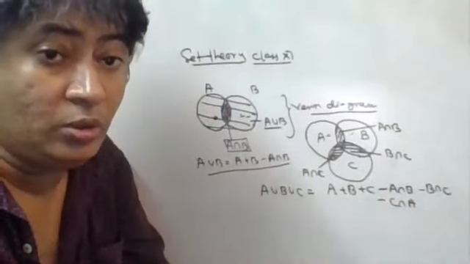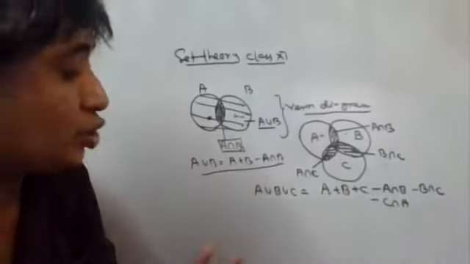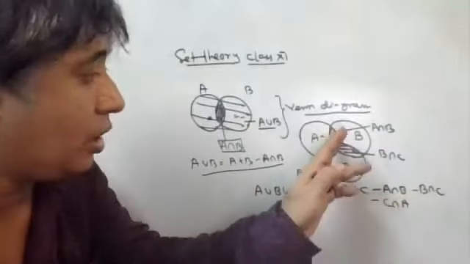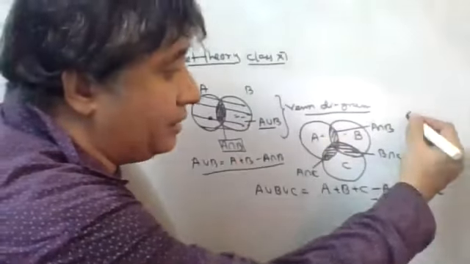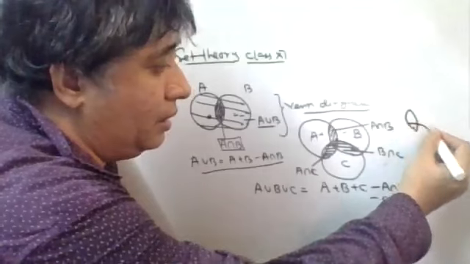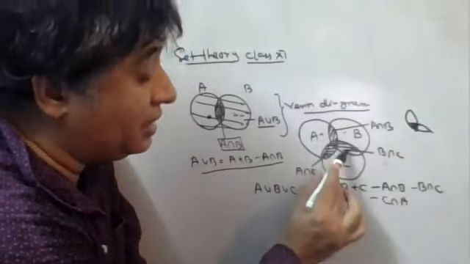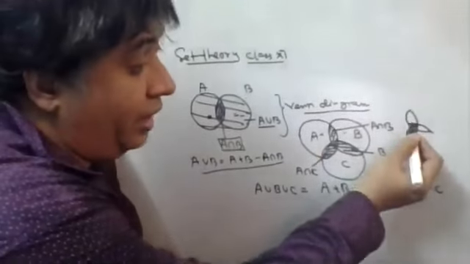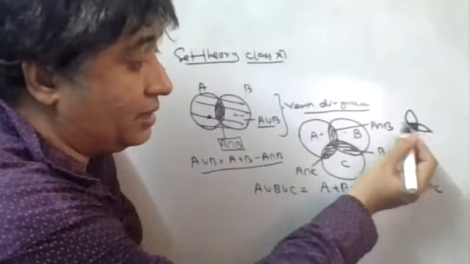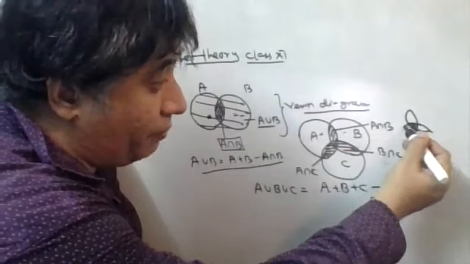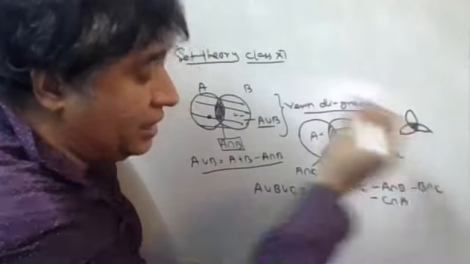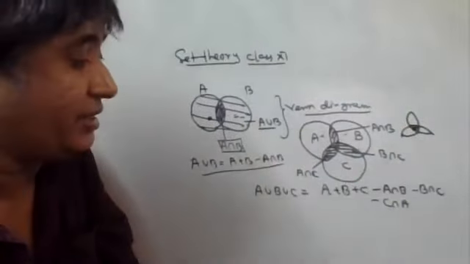But the common region of the three sets was already subtracted once, and when you subtract this part, this region is being subtracted twice.